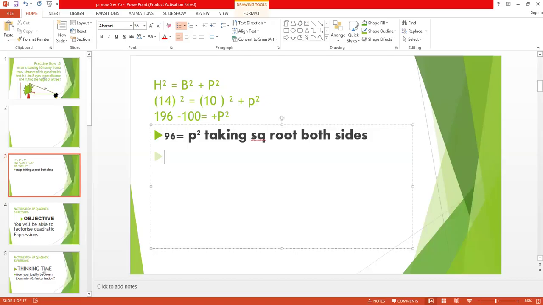So I have to take the square root of 96. That one is equal to 9.8. But do confirm.